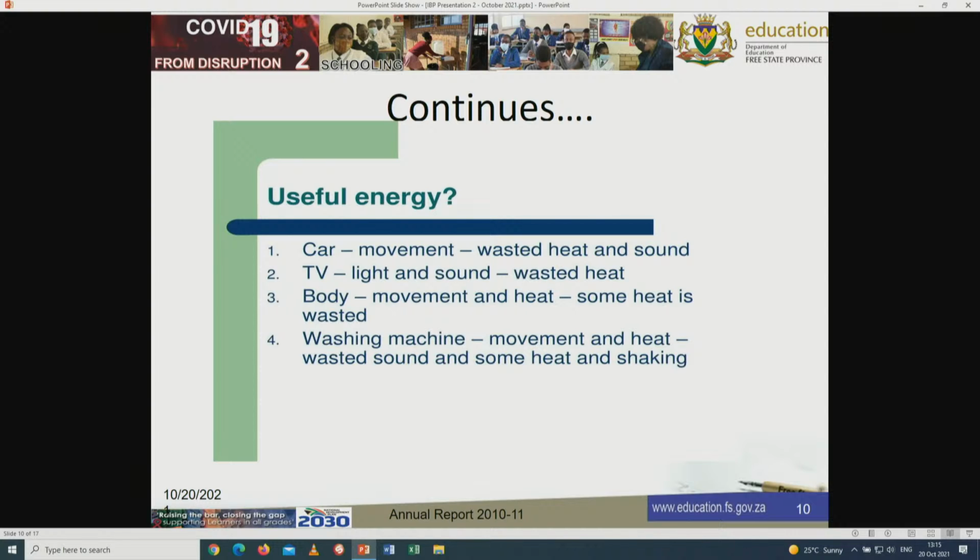It won't be stored as it is. We can lose it through sweat. It's going to be released to the environment. You will see it clearly during winter time when you play soccer, or when you exercise, or during athletics. You will see that energy when it is released from our bodies to the environment as wasted energy.